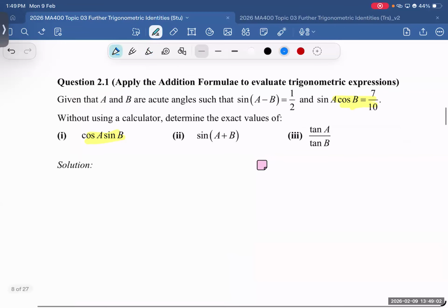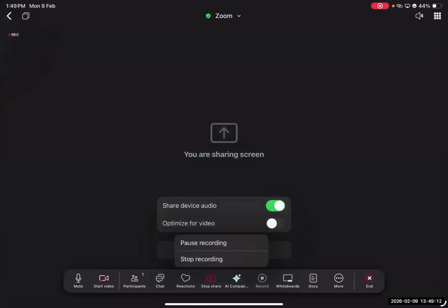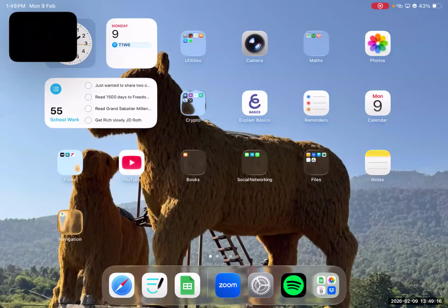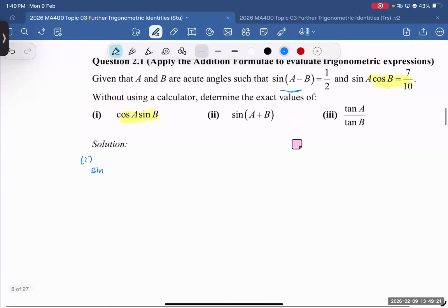Okay, question 2.1. Because we know that for part 1, okay, I'm going to start recording now. Oh, it's already recording. Sine A minus B is half. This means that sine A minus B by formula is sine A cos B minus cos A sine B, which is half.